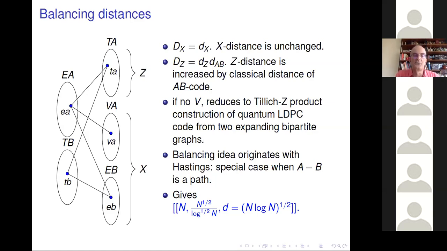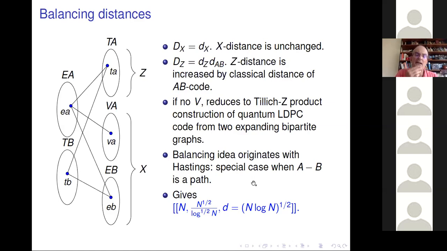So by choosing parameters properly, we can boost it, we can make z distance as good as the x distance in the new complex. And what happens when we look at everything closely is that we will eventually get a minimum distance, which is what was announced, which is square root of n times log n in this particular case.